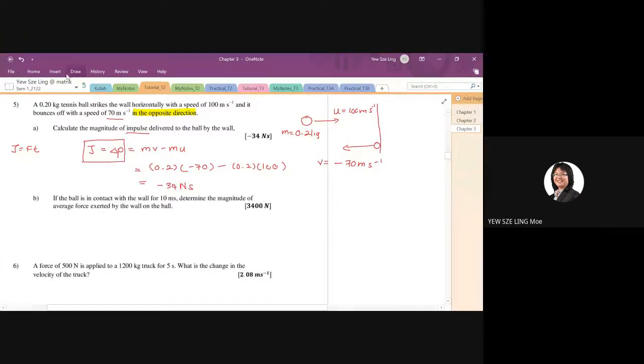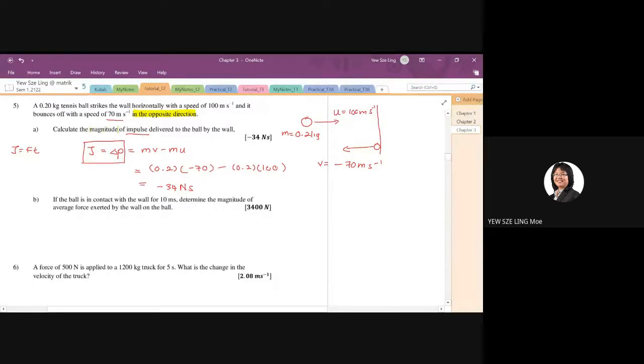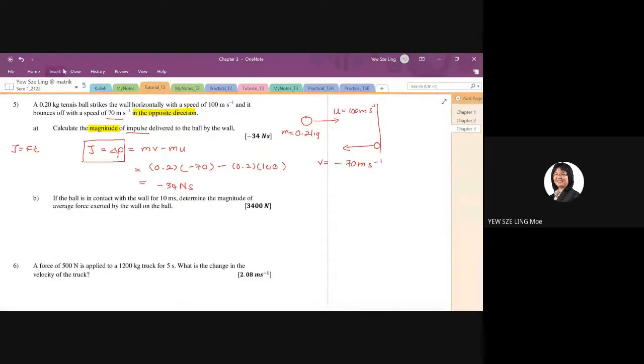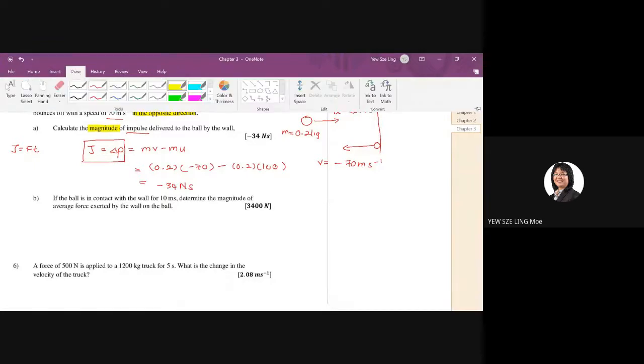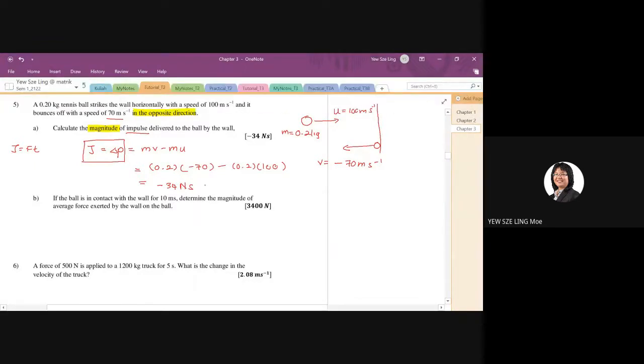But if you look, the question is asking for magnitude. Aha, so what does it mean by magnitude? It means you need to rewrite your answer. You cannot leave it in negative form. If you leave it in negative form, sometimes it can be considered a wrong answer, because sometimes in exams they want to see whether you understand the meaning of magnitude or not.